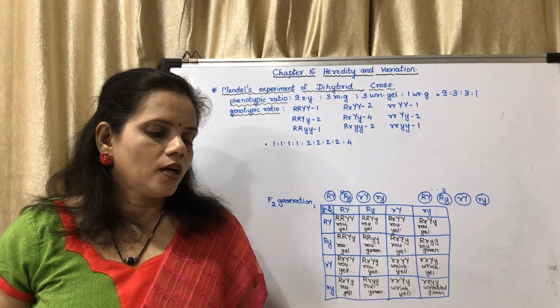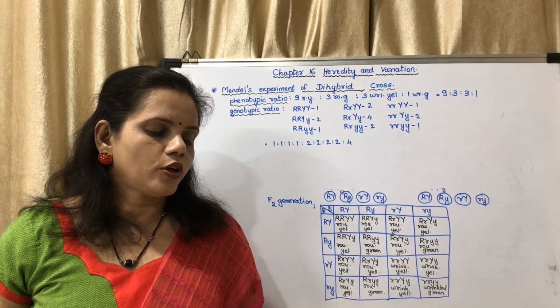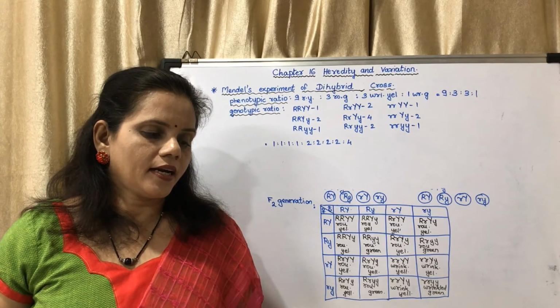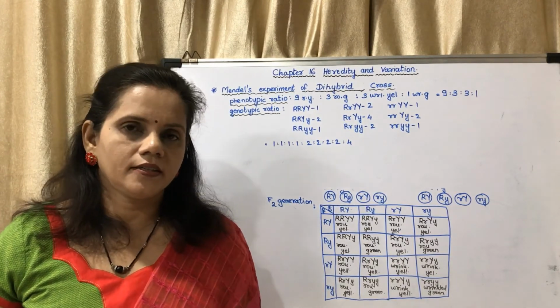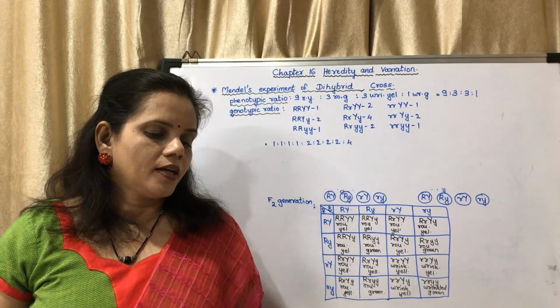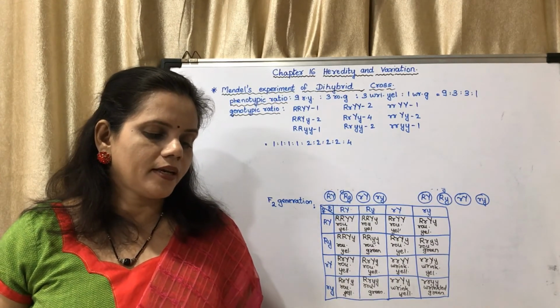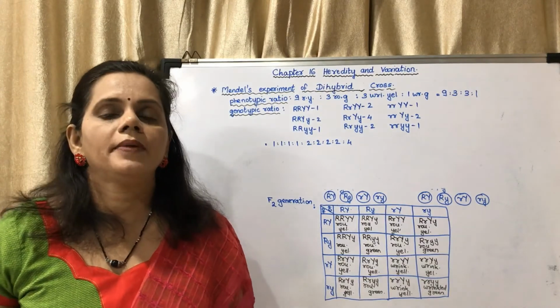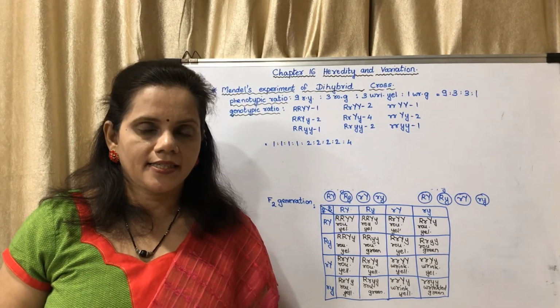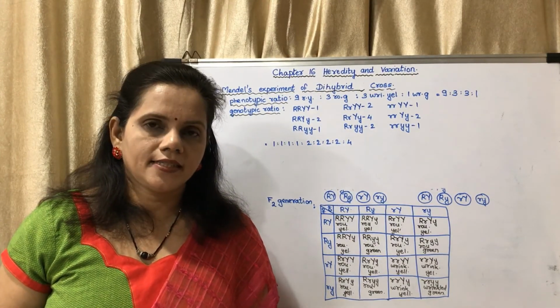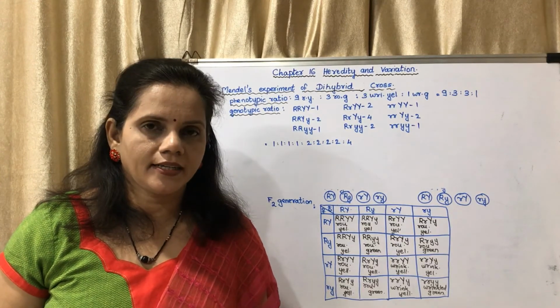Okay, so now the next question: show the monohybrid cross between RR and RR. You have to derive the monohybrid cross. Next, why did the characteristic of the round yellow seeds alone appear in the F1 generation? Because the round characteristic and the yellow characteristic are dominant.